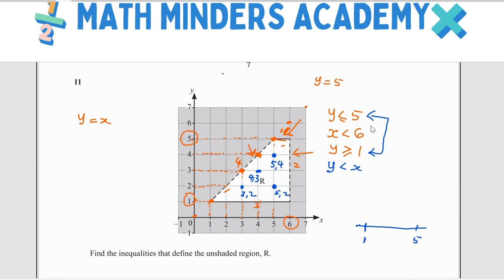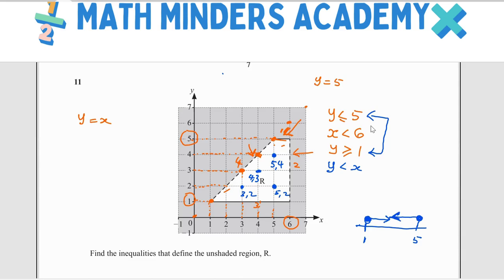This is Y greater than or equal to 1, and the other one is Y less than or equal to 5.